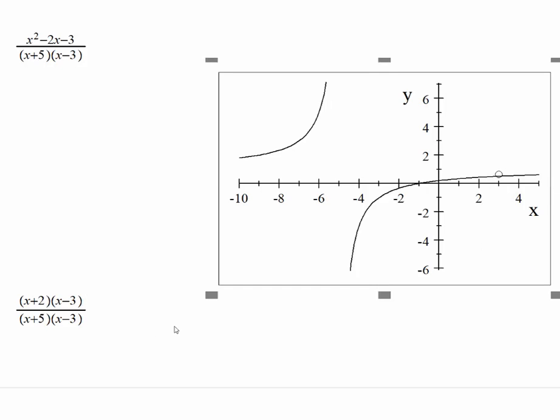If we have to determine a vertical asymptote of a rational function, what would I do?